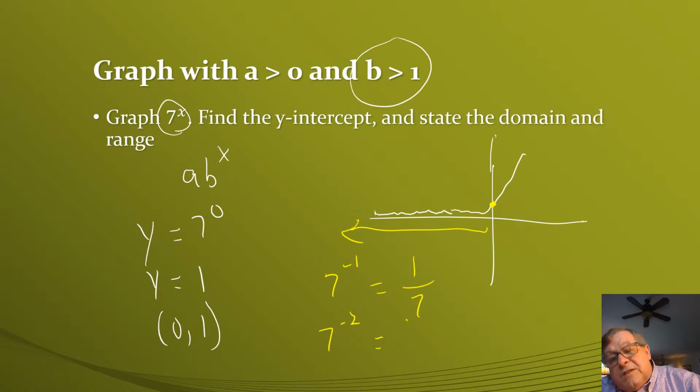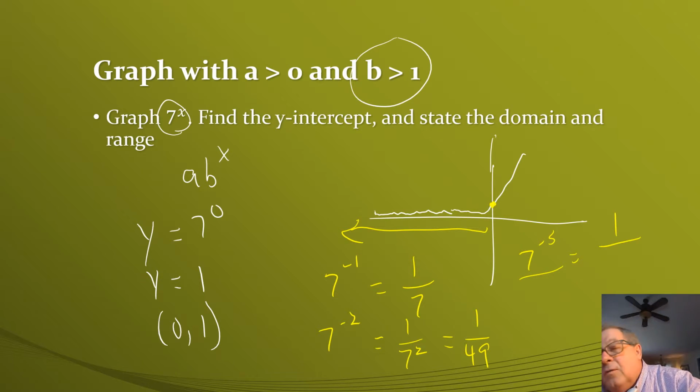That's 1 over 7 squared, or 1 over 49. That's a smaller number than 1 over 7, but it is still greater than 0. What about if we had 7 raised to the negative 5th power? That would equal 1 over 7 to the 5th, which is 1 over 16,807. Now that's getting to be a really, really small number, but it's still greater than 0.